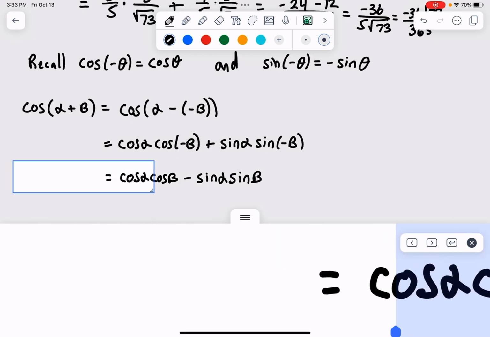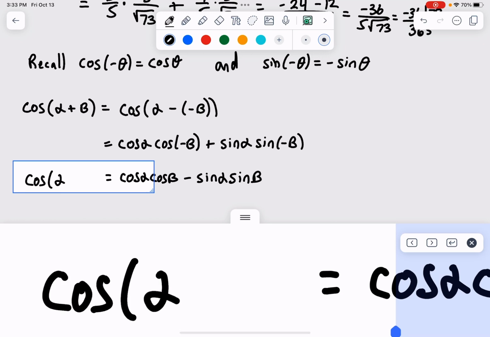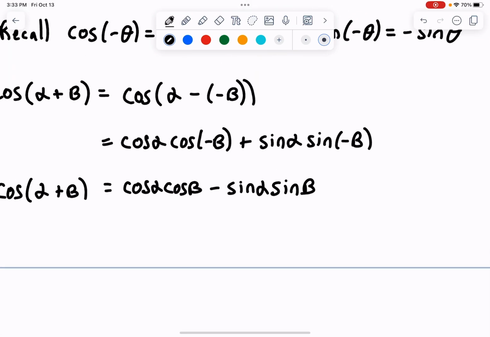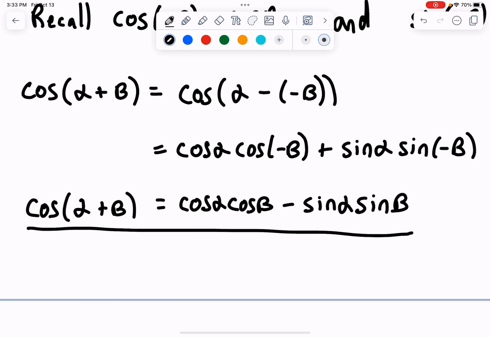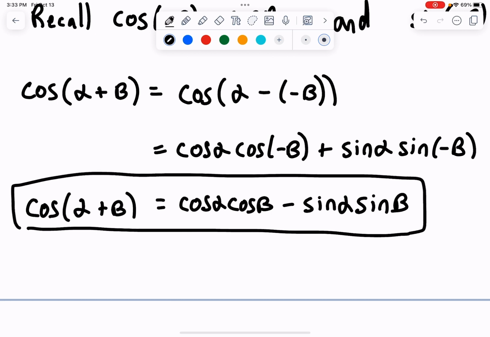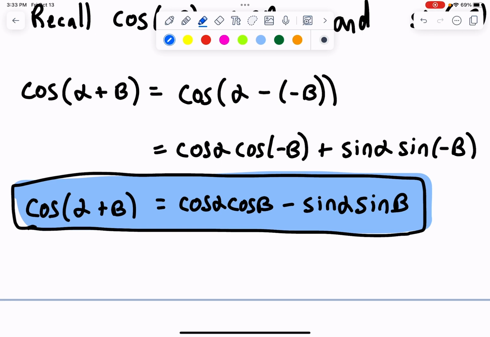And so we have our second identity here, which is that cosine of alpha plus beta is equal to cosine alpha, cosine beta, minus sine alpha, sine beta. So it's the same format as the other one, except the signs are switched. Cosine of a sum is a difference, whereas cosine of a difference is a sum.